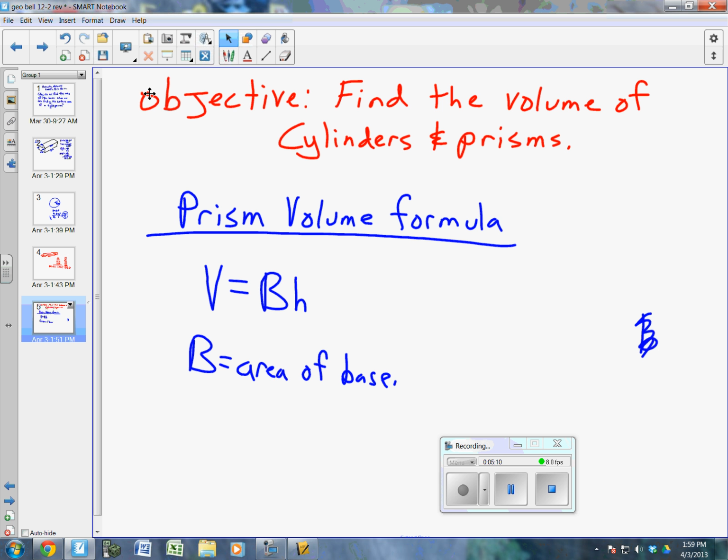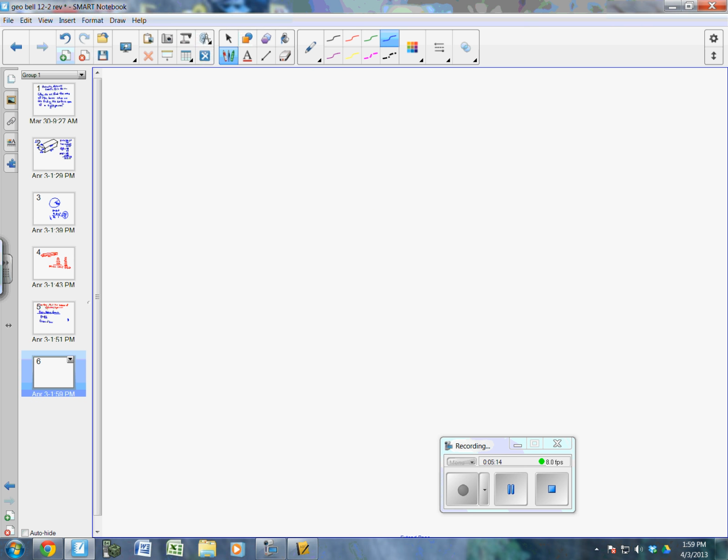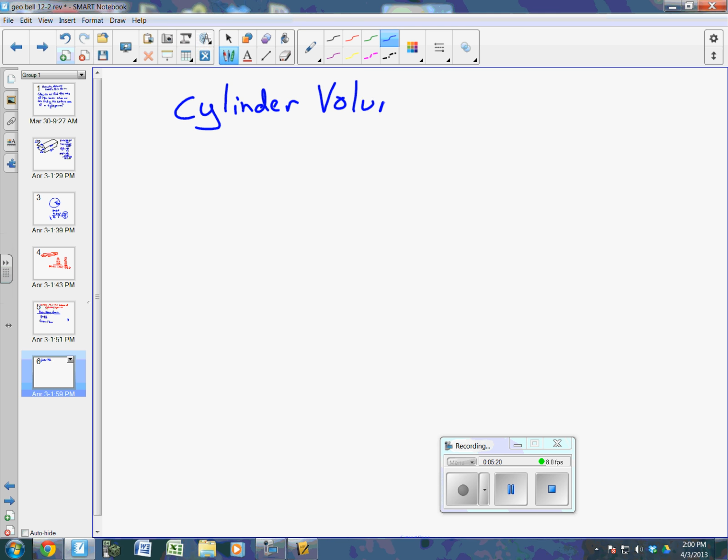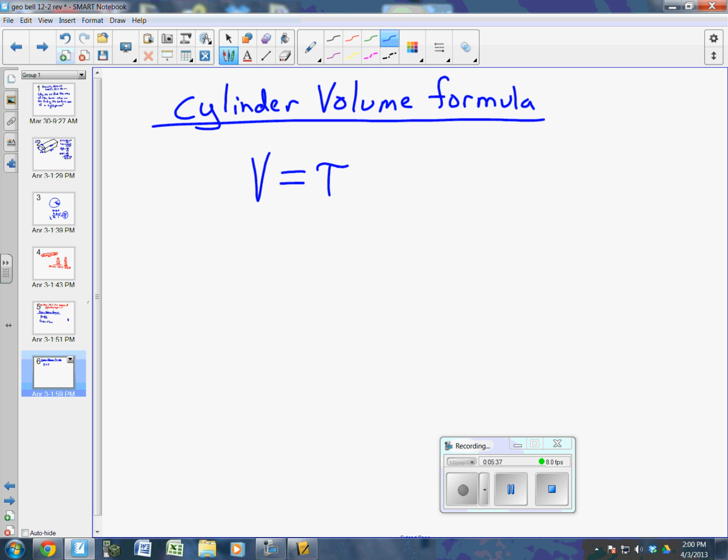So that's how you find the volume of a prism. Let me show you also a cylinder, and then we'll do a couple example problems. Cylinder volume formula. That one is volume equals pi r squared times height.